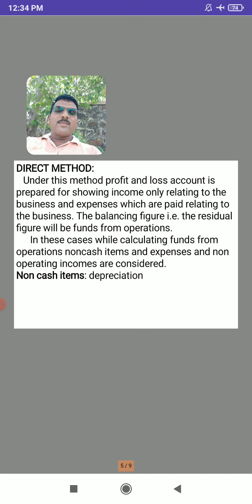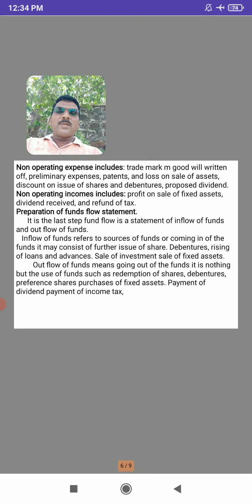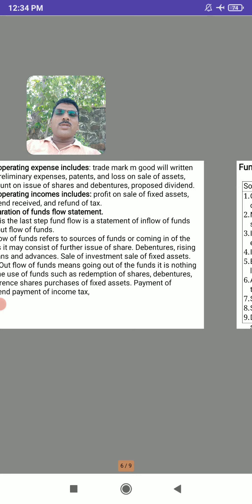Non-operating expenses include trademark, goodwill written off, preliminary expenses, patents, loss on sale of asset, discount on issue of shares and debentures, and proposed dividend.